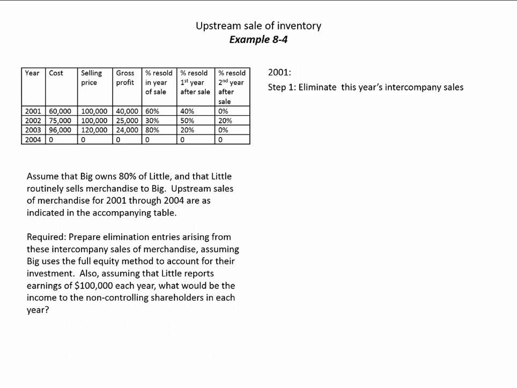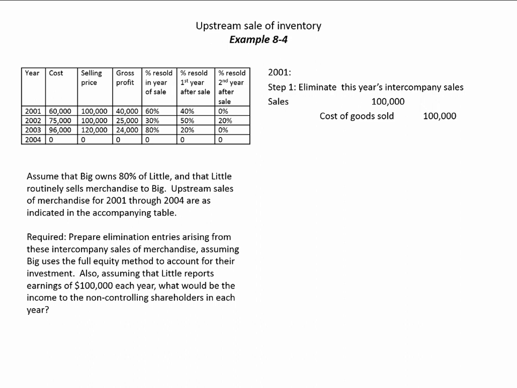Step 1, eliminate this year's intercompany sales. Again, we see from line 1 in that table, goods are sold at a selling price of $100,000. So we're going to eliminate $100,000 in sales and $100,000 in cost of goods sold. If all of the merchandise had been resold to a third party in 2001, we would stop at this point.